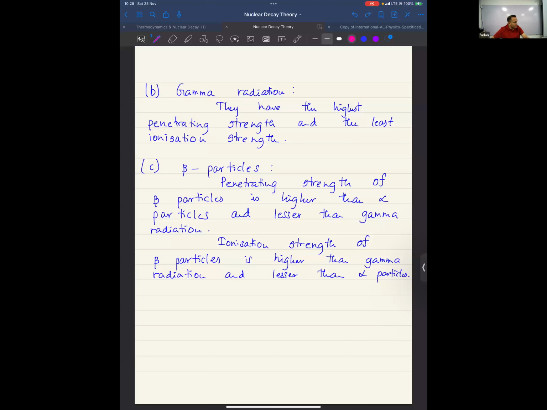The penetrating strength of beta particles is higher than alpha particles and lesser than gamma radiation.